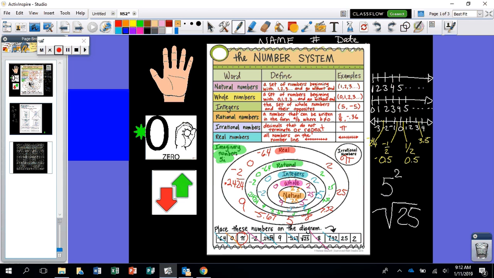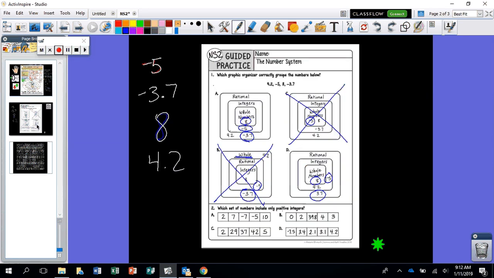It's not an integer, but it does fall under rational. So let's see, 4.2, yes, it's under rational, and here it's under integer. So that cannot be correct, so this one is wrong. Now we can tell that for A, all of the numbers are in the right location.